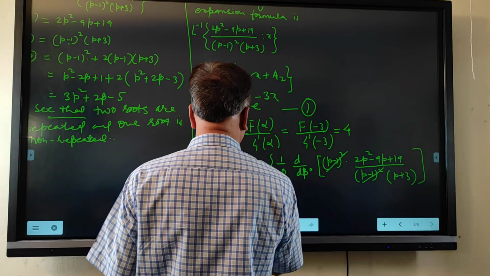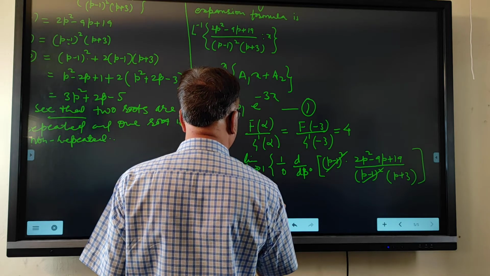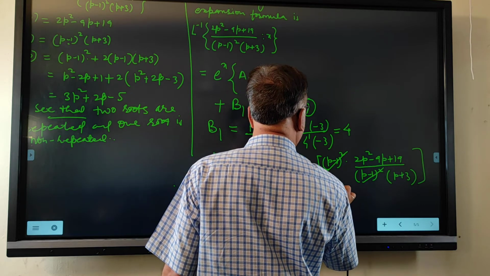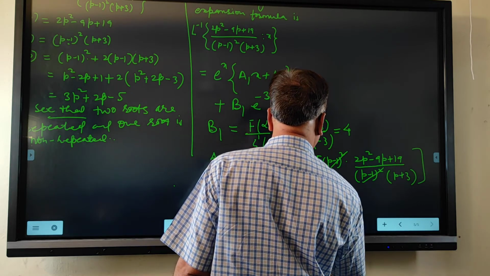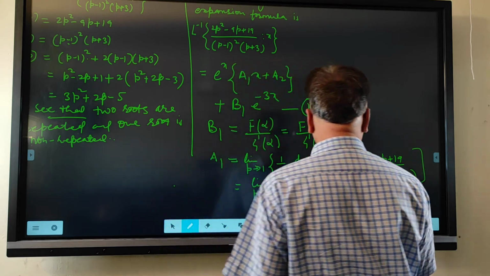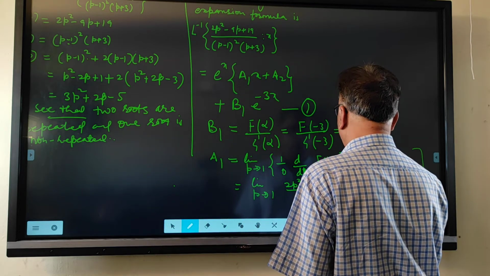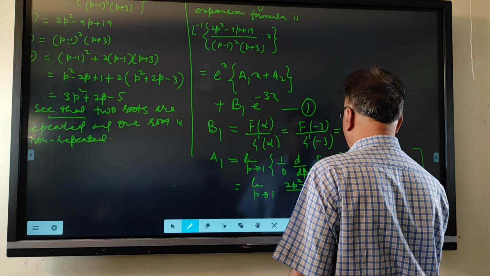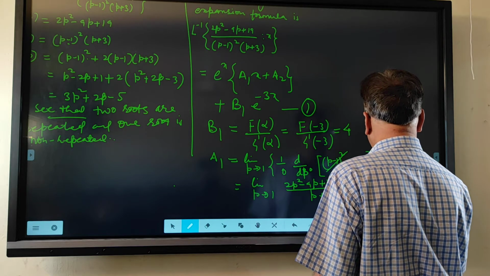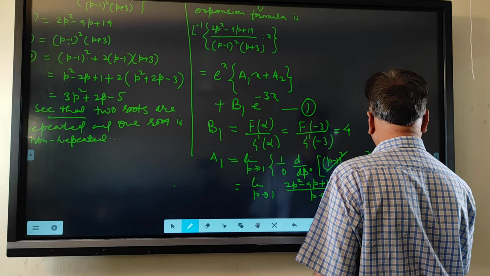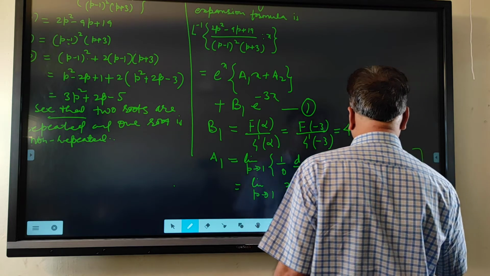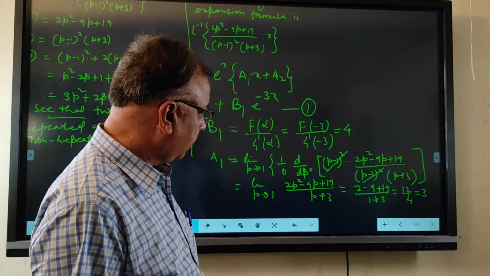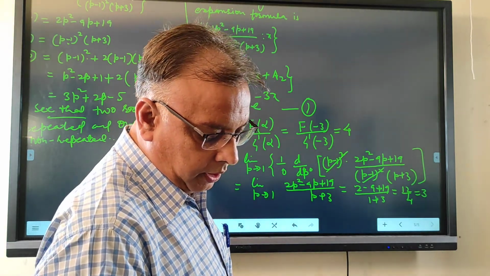This cancels, and we get limit p tends to 1 of (2p square minus 9p plus 19) upon (p plus 3). Putting in the values, we get (2 minus 9 plus 19) upon (1 plus 3), that is 12 upon 4, which is 3. So the value of a1 is equal to 3.